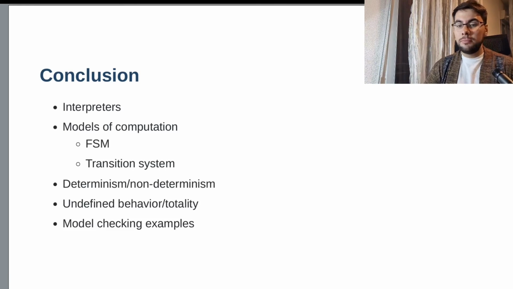Finally, we have been exposed to the concepts of undefined behavior and totality. We have learned how to make any finite state machine total. And finally, we have glimpsed at how limiting the expressive power of a model of computation can bring us great benefits. Designing a program as a transition system and verifying its properties formally allows us to construct robust systems with guaranteed properties.